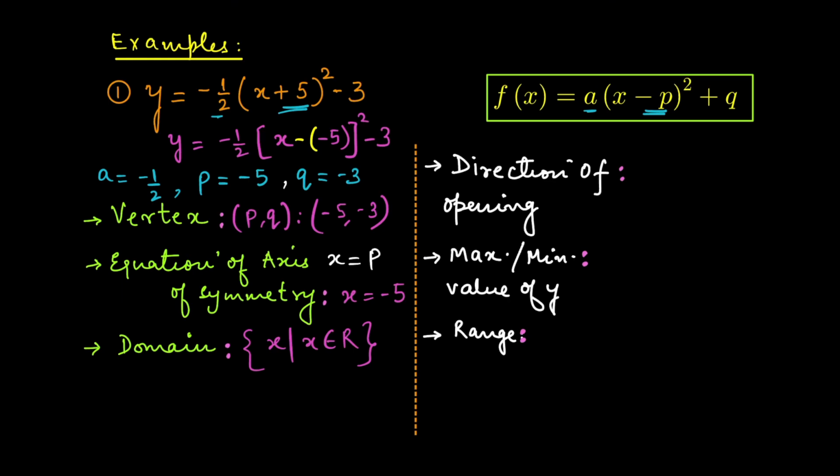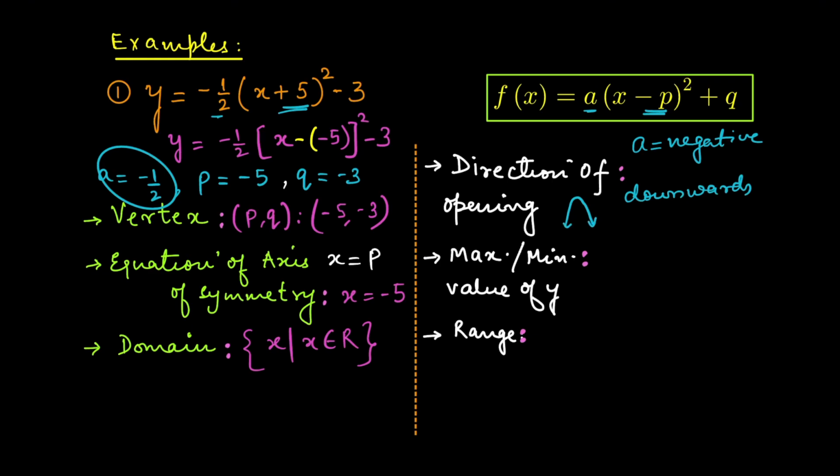Now coming to the direction of opening, for this we have to look at the value of a. The value of a here is negative, so the direction of opening will be downwards. It will have a shape like this.